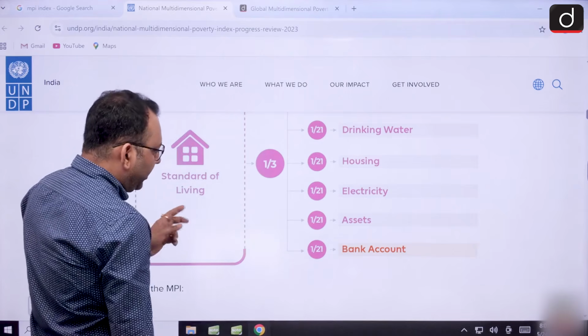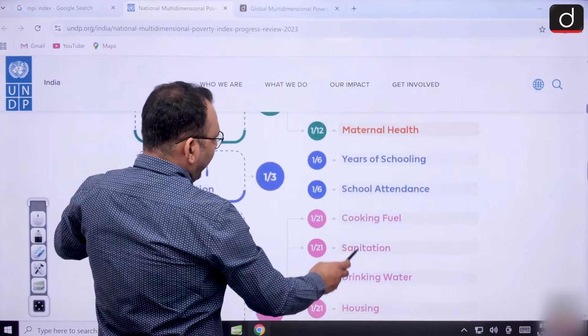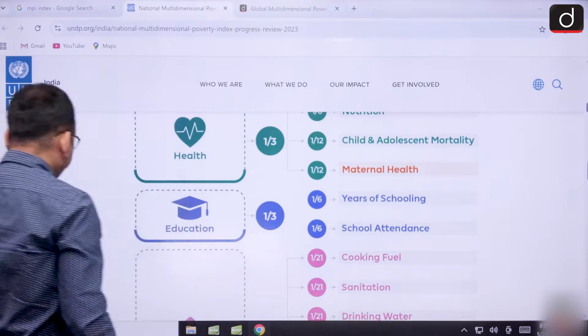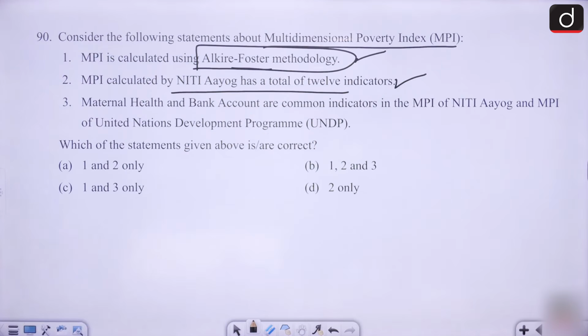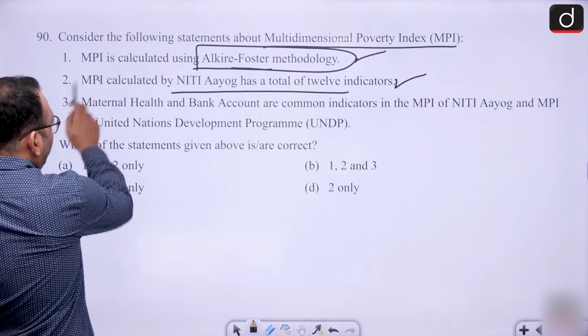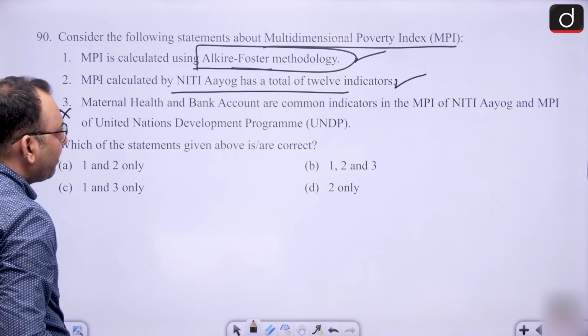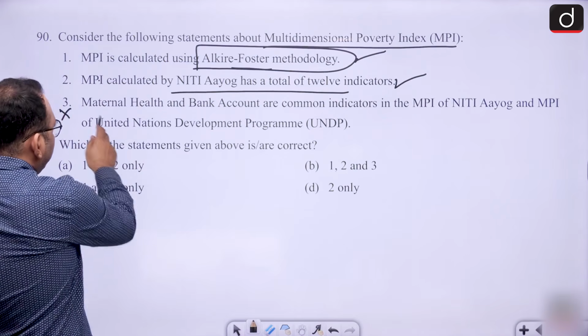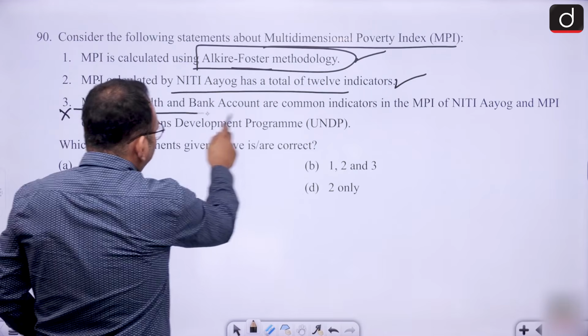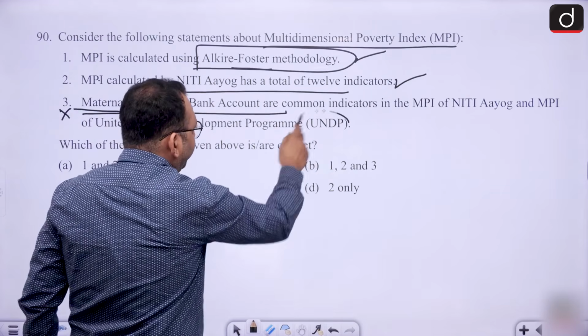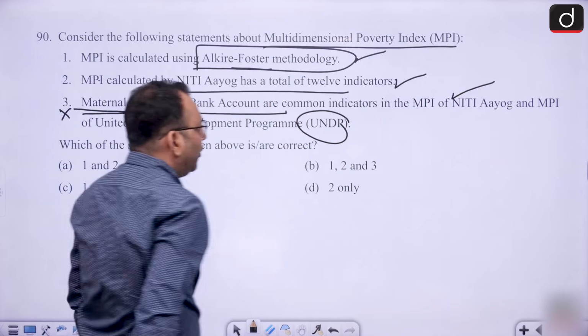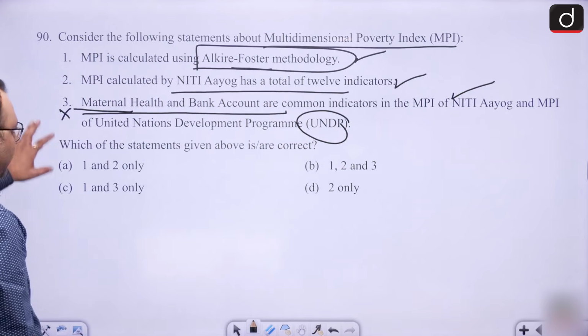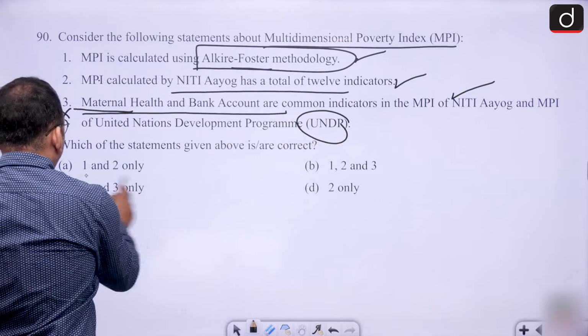In the Niti Aayog, what they did, they added bank account and they added maternal health. That's why this is true, but this is not true because maternal health and bank account are not in the UNDP but in the Niti Aayog. So this is incorrect. Answer becomes A, 1 and 2.